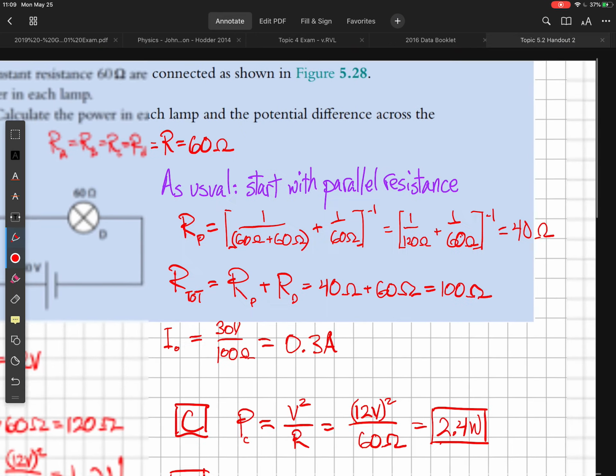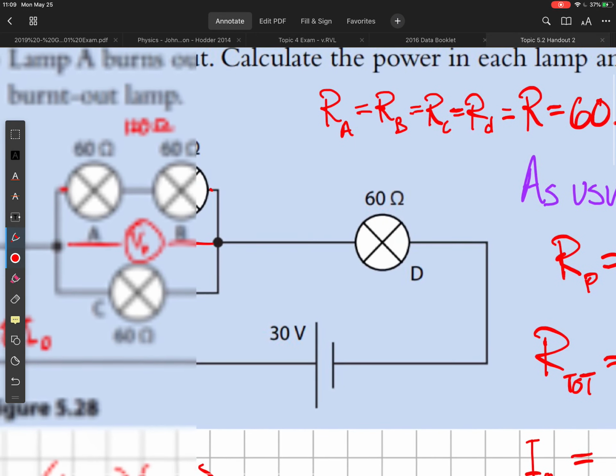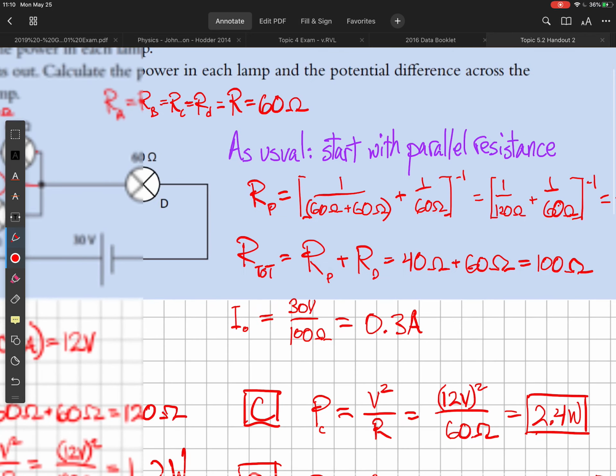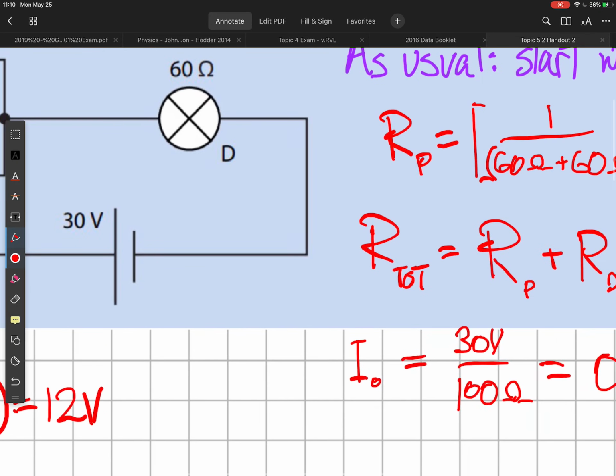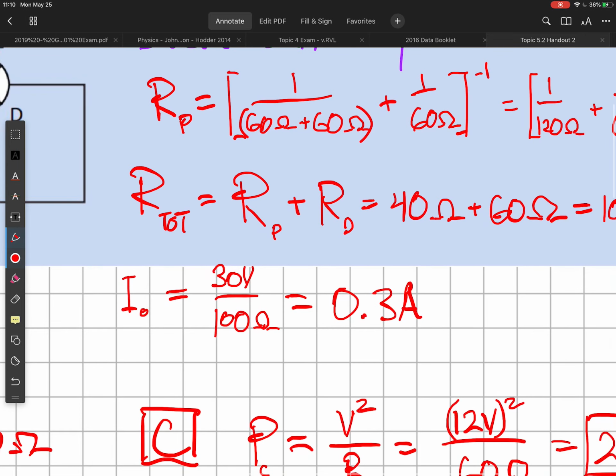Okay, we're then going to add that to our component in series with the parallel resistance, bulb D, and we will find that our total resistance through the entire circuit is now 100 ohms. And from this point, we calculate our current through the entire circuit, which is going to be 0.3 amps.